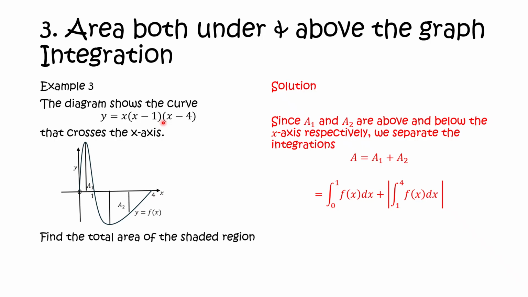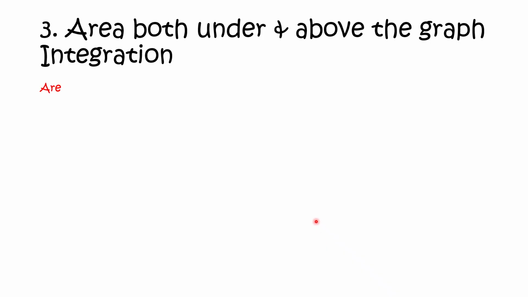Recall, by now we are not yet making use of integration by parts, which allows us to integrate these factors separately. So the best way is to just expand all the brackets or parentheses so that we have one huge chunk, a cubic function in this case.